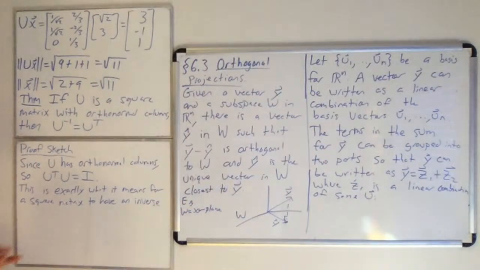So z1 is a linear combination of some of the ui, and z2 is a linear combination of the rest.